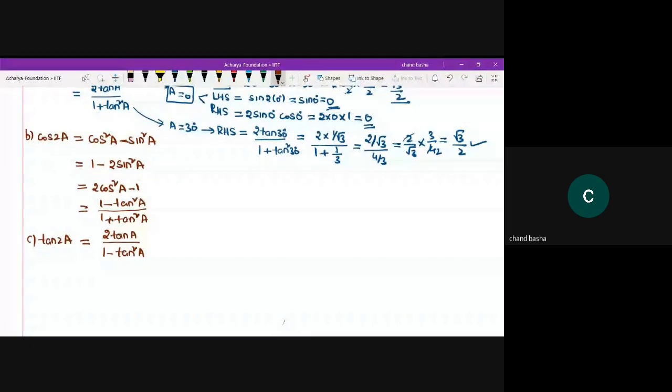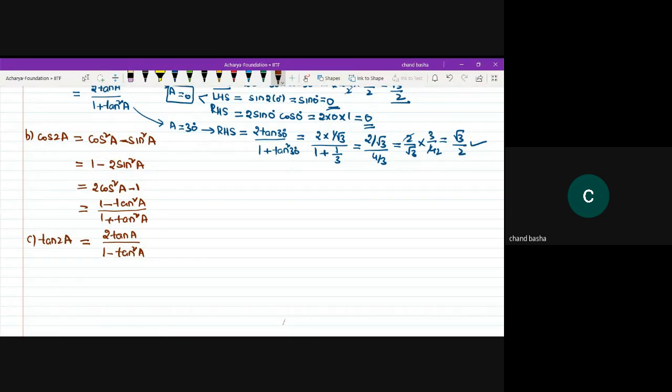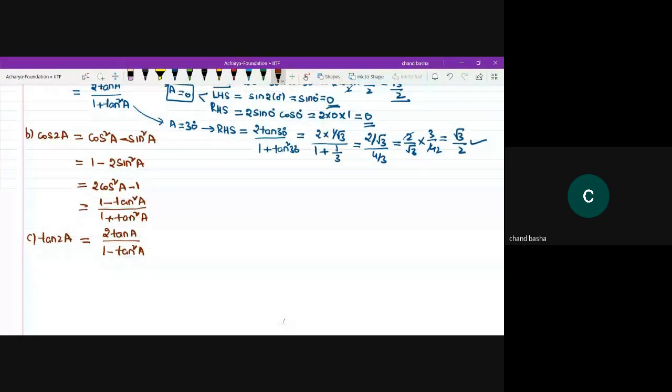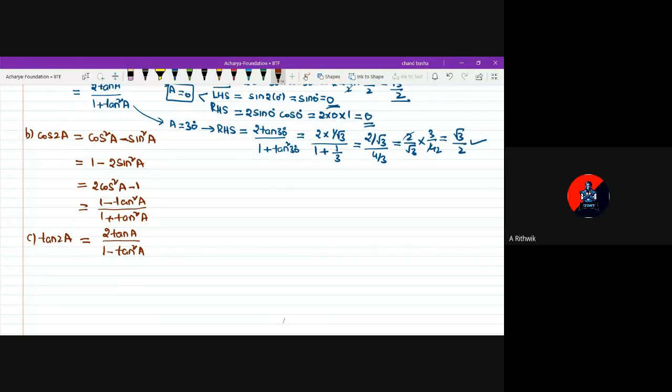In the denominator, 1 plus 1 by 3 is how much? By taking LCM, cross multiply. 3 plus 1 by 3, 4 by 3. Clear? Okay, sir. Take LCM, you will get 3 into 1, 3 plus 1 divided by 3. It will become 4 by 3. If it comes in the numerator, 4 by 3 will become 3 by 4.